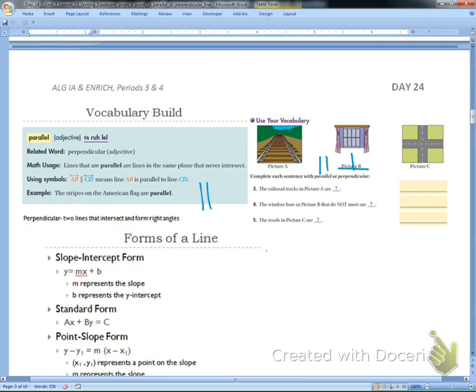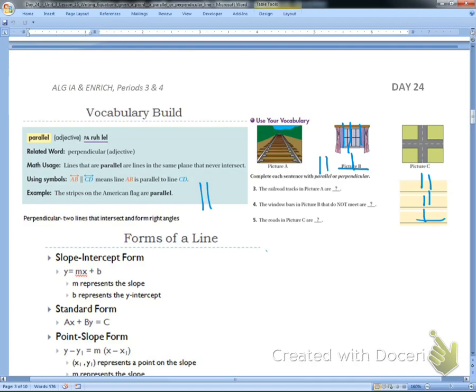They look like an upside down T. So the railroad tracks in picture A are parallel. The window bars in picture B that do not meet are also parallel. They're referring to the straight up and down ones. But the roads in picture C are perpendicular.